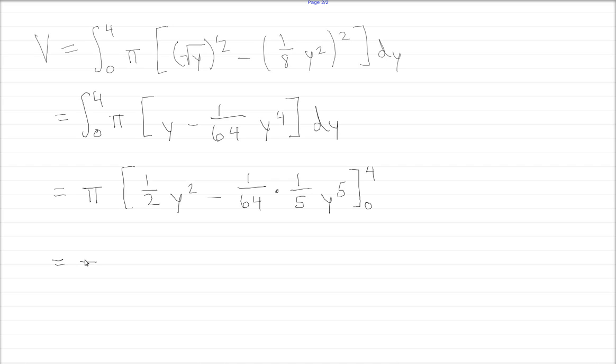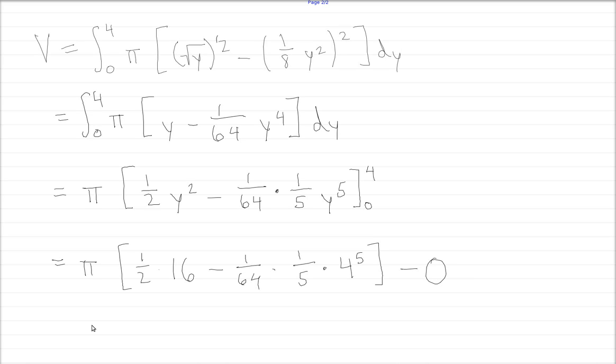So first we're just going to plug in our 4. 1/2 times 4 squared is 16, minus 1/64th times 1/5 times 4 to the 5th. Now when we plug in 0, for both of these terms here, we're just going to get 0. So we can just leave that off.